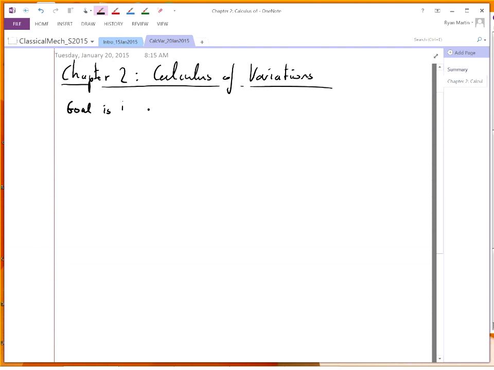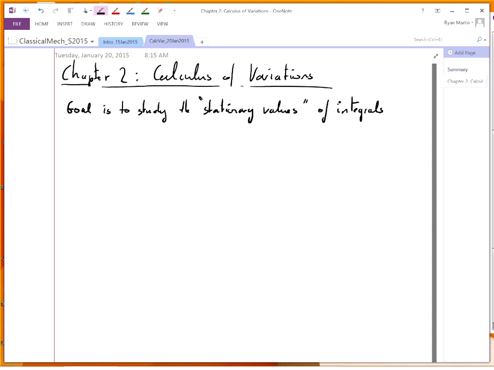So the goal is to study the stationary values of integrals. And that's really what calculus of variation is.